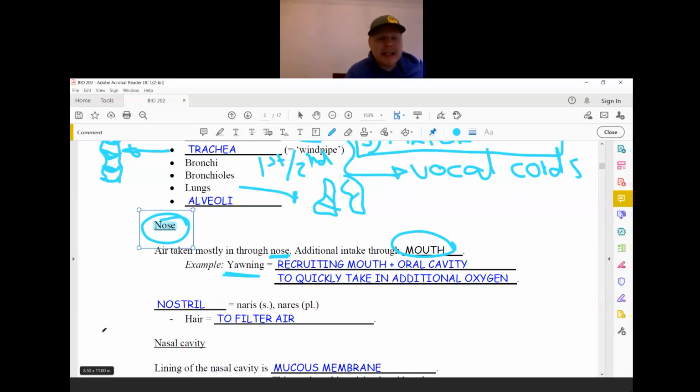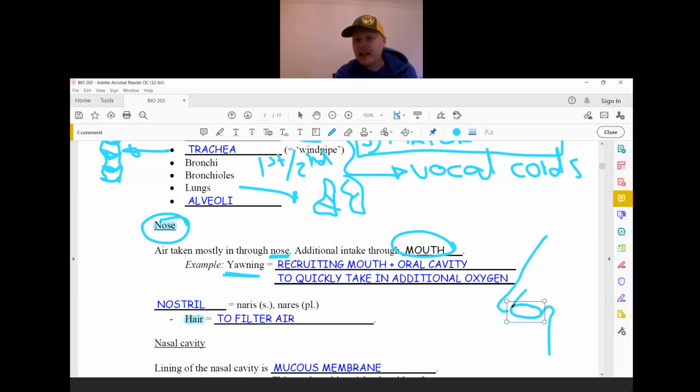And what we end up finding with the nostrils, which is really noteworthy at this point, is that there's hair growing right at the entry to the nasal cavity at the nostril, and the function of that hair is to filter the air that enters in, kind of being the first line of screening, removing any large particles, anything that shouldn't be going into the nasal cavity. So it is really this filtering function that we want to pay attention to.